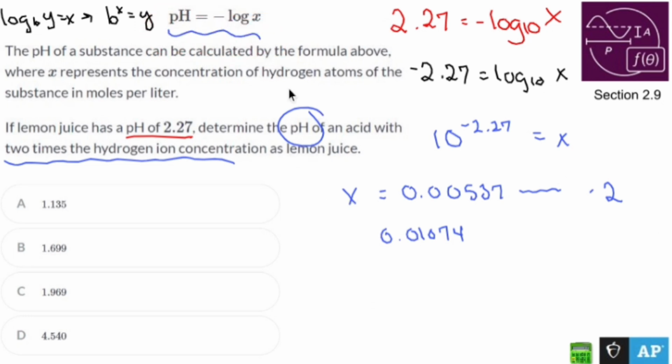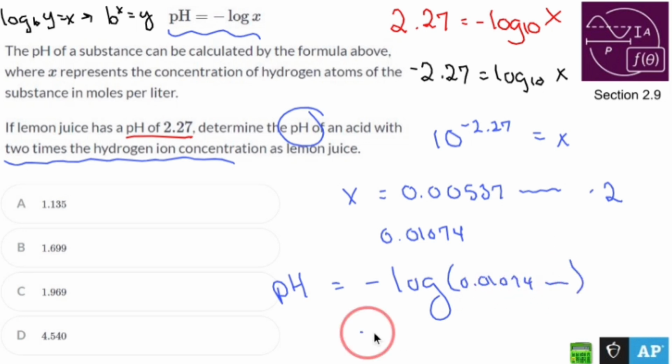So what I did is I said pH equals, and I typed out negative log base 10 of 0.01074..., and I got 1.96897..., which ended up being C. So very unique and challenging problem, pretty difficult stuff.